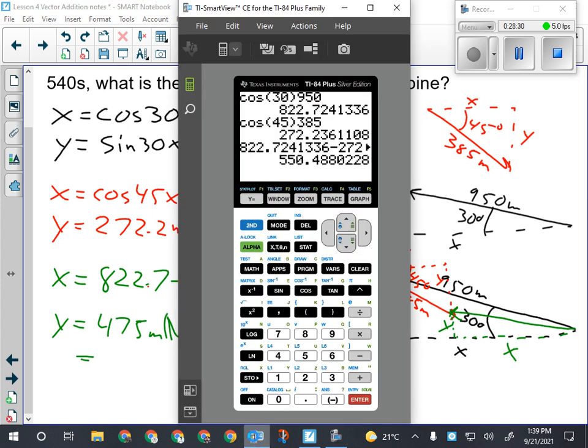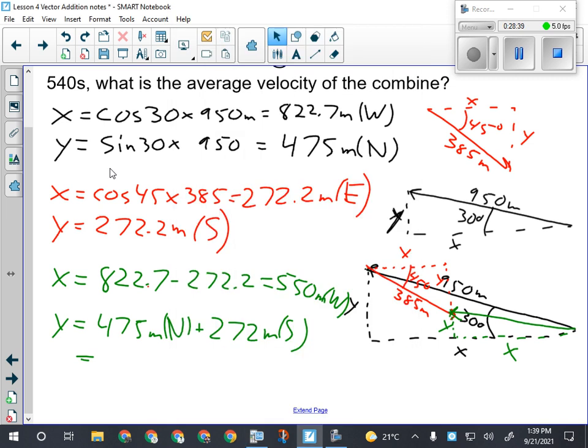So 475 minus that number gives me 202.8 meters north. If I was using the tail to head method, I'm just putting those numbers in there. I already know they fit. Y is smaller than x, right? X is longer than y, 550 and 202. So I can match it up and go, all right, I think I did that right.